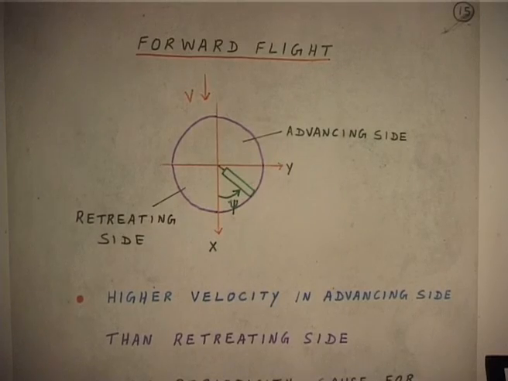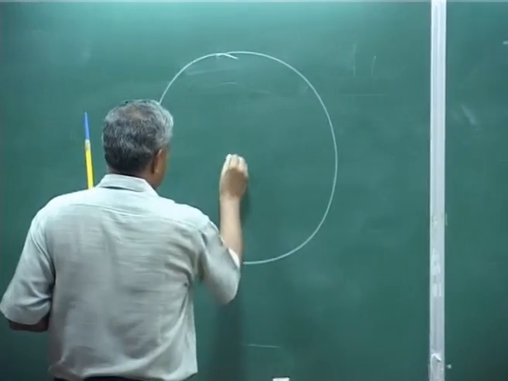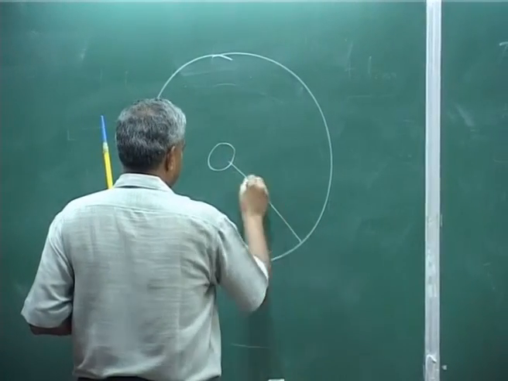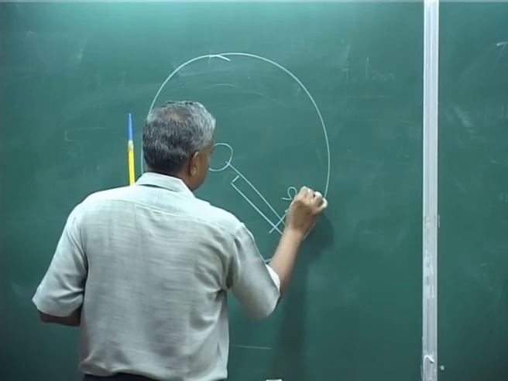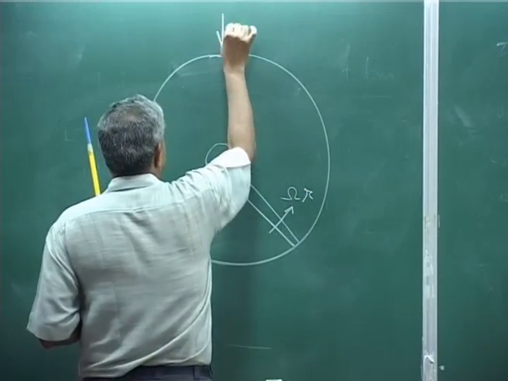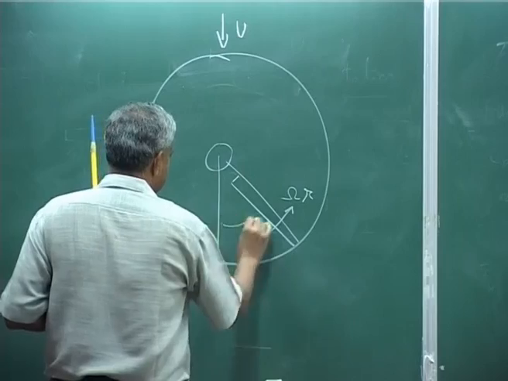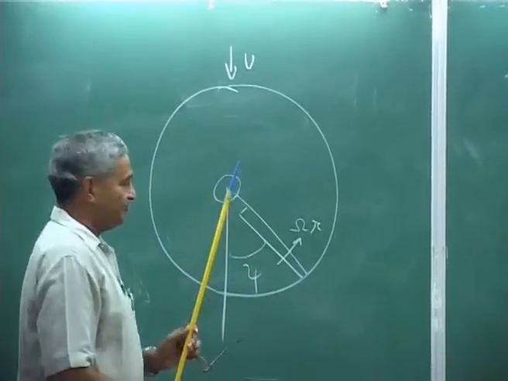So, you will find this is omega r and you have V and this is psi.